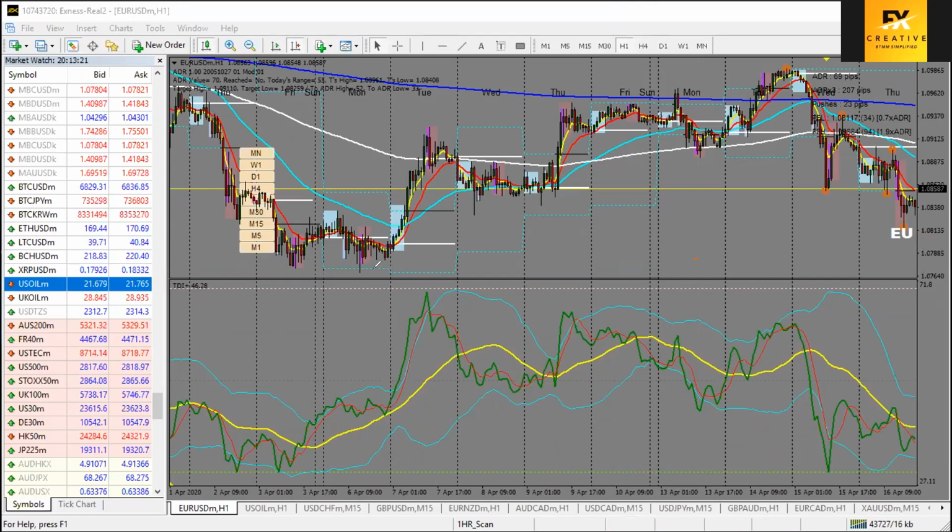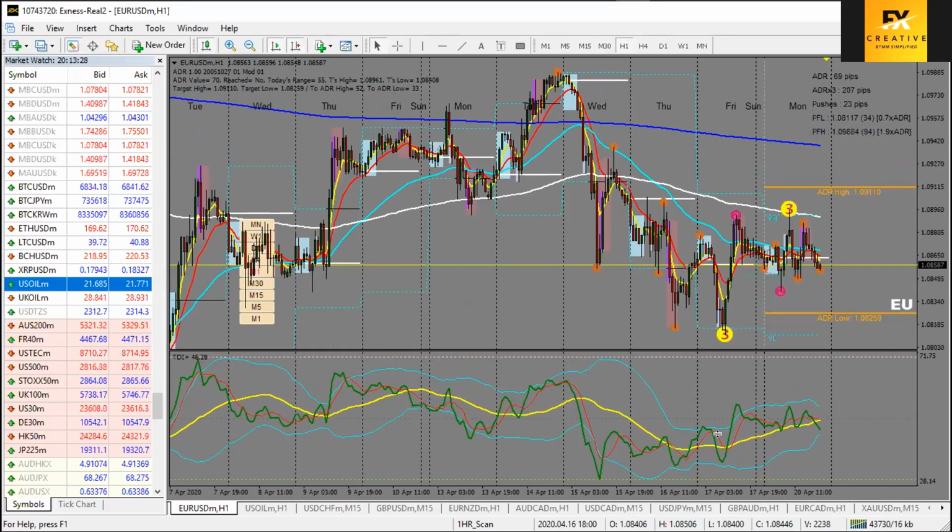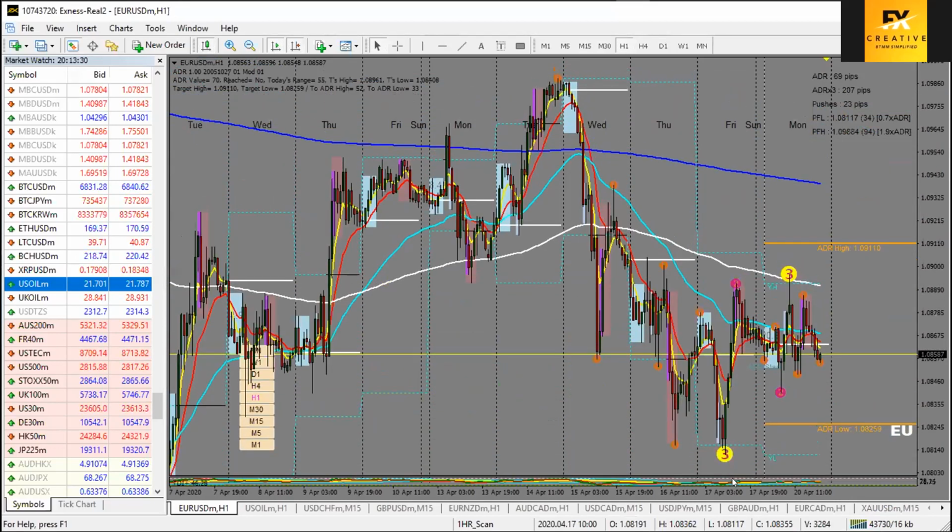All right. So yesterday we spoke about Euro USD, and I explained to you very well that Euro USD actually formed level 3 right there.